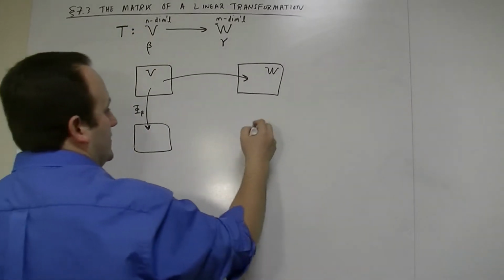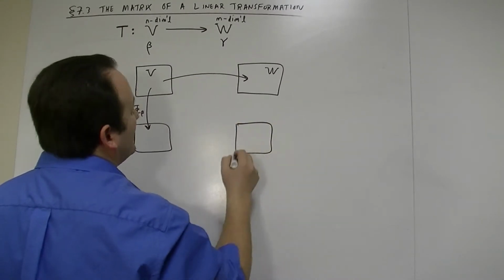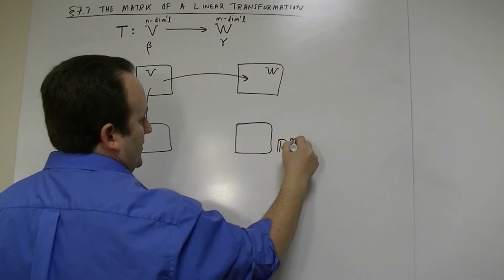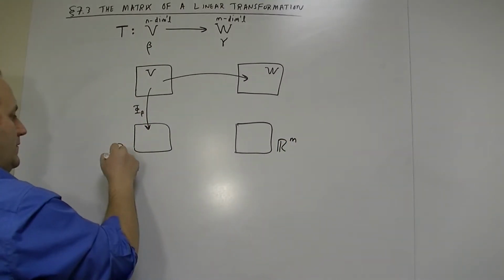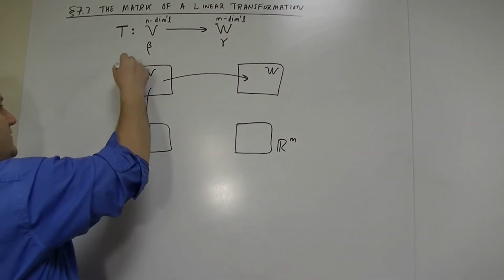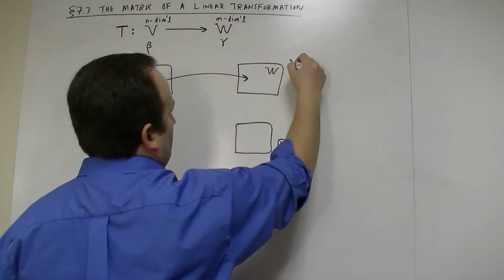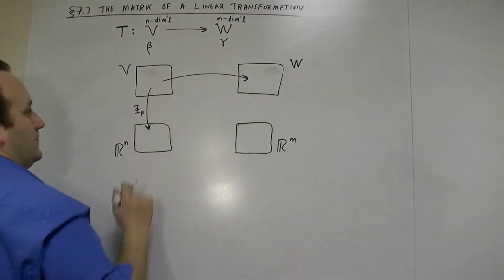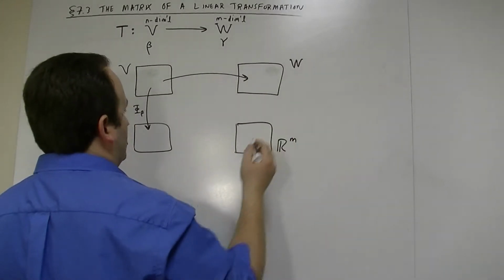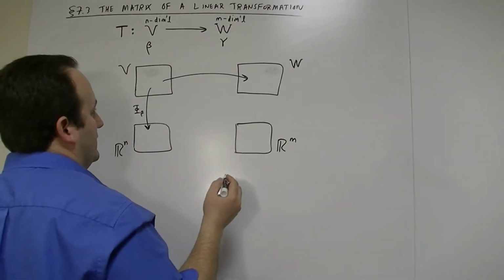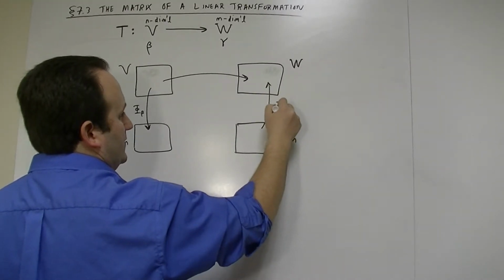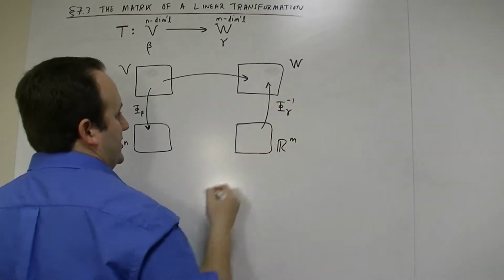Over here we have Rm and Rn. Again, this is V, this is W. I also have an inverse mapping over here: I can go up like that, phi gamma inverse.